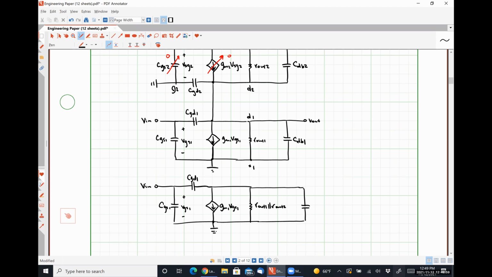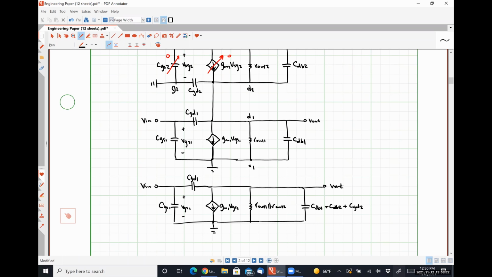And I'm going to call this capacitor here CDB1 in parallel with CDB2 in parallel with CGD2. And then here is our output node.